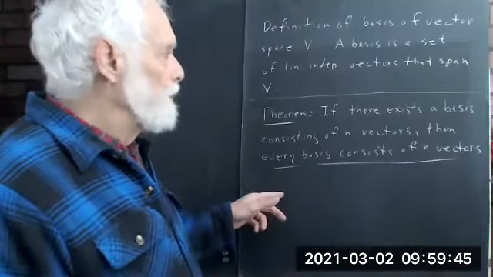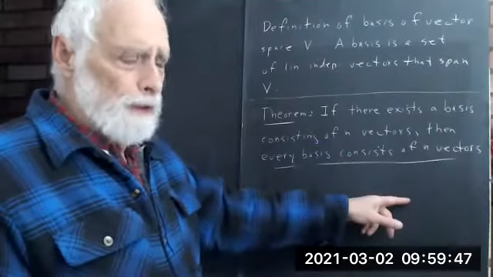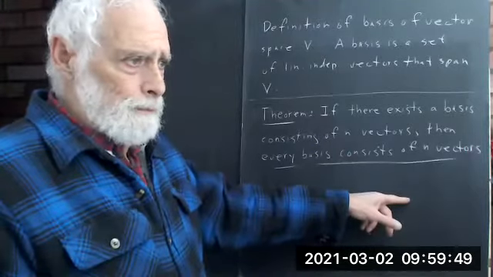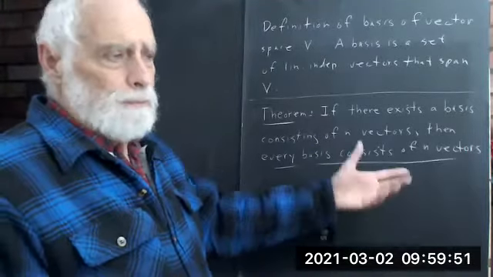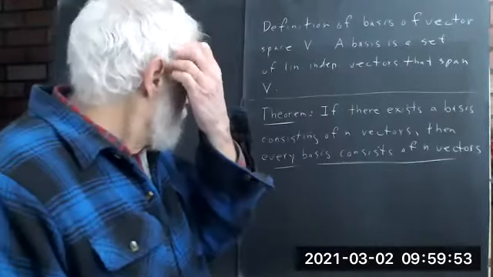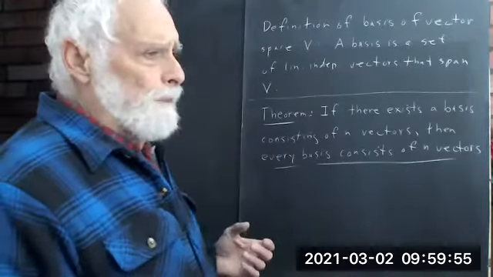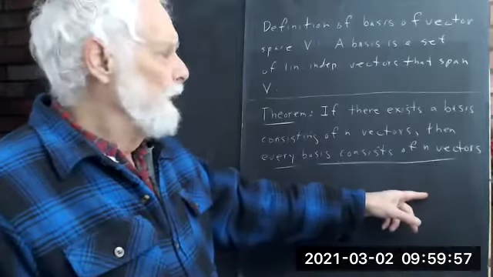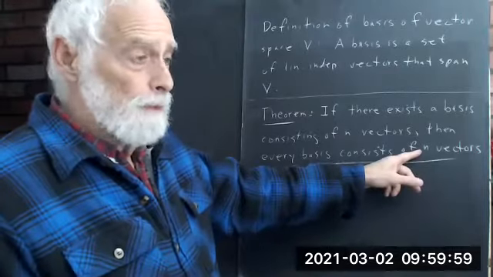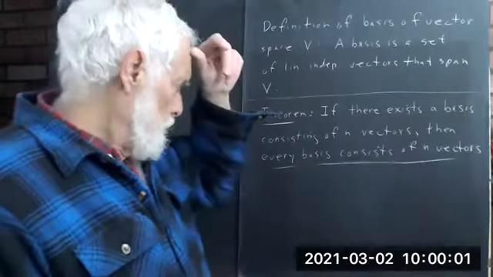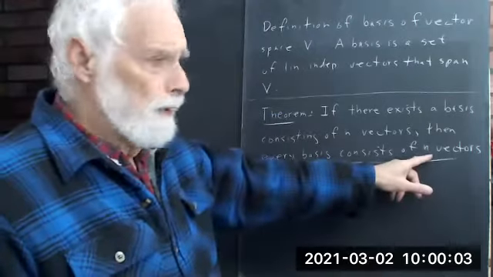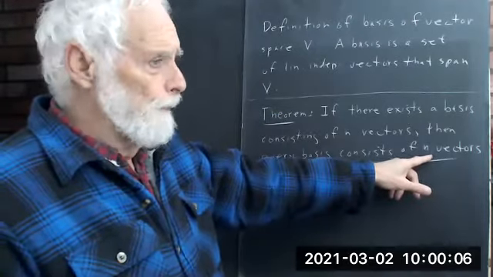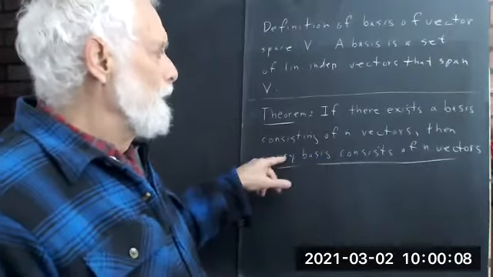If you've got one basis consisting of n vectors, and now you've got another set of vectors that you think is a basis, and if you think this basis contains more than n vectors, well, all you need to do is write out all these vectors in terms of the basis.